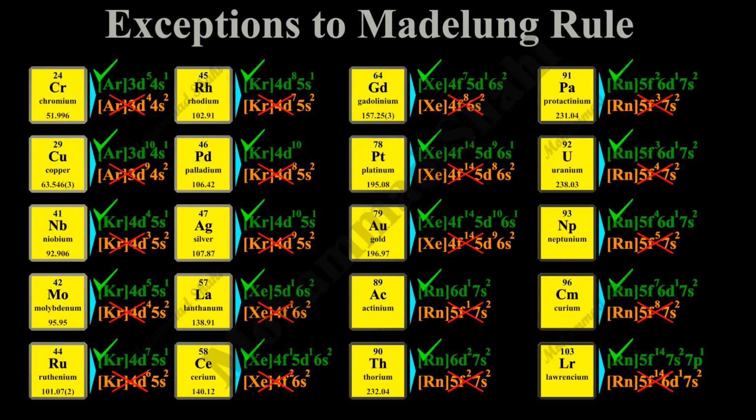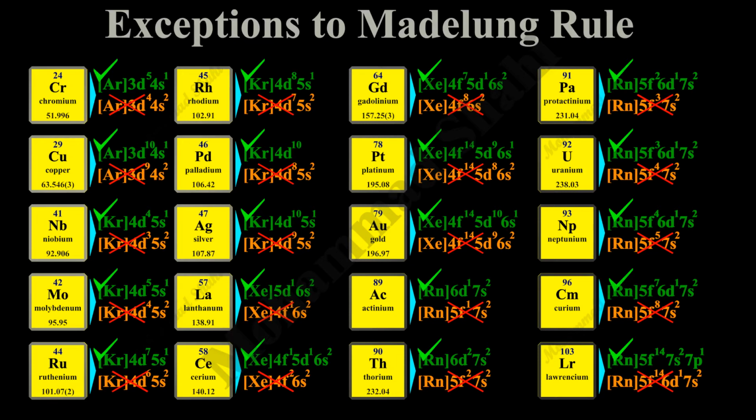Palladium, with symbol Pd, and the electronic configuration of krypton 4d10 instead of krypton 4d8 5s2. Silver, with symbol Ag, and the electronic configuration of krypton 4d10 5s1 instead of krypton 4d9 5s2.